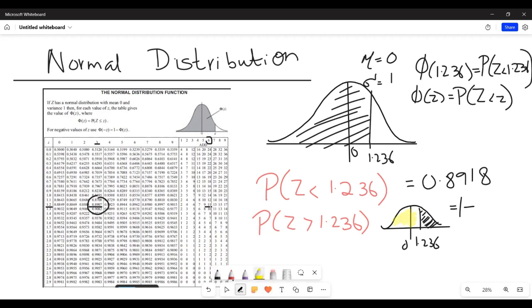So 1 minus probability Z is less than 1.236, which would be 1 minus 0.8918. Let me quickly grab my calculator.